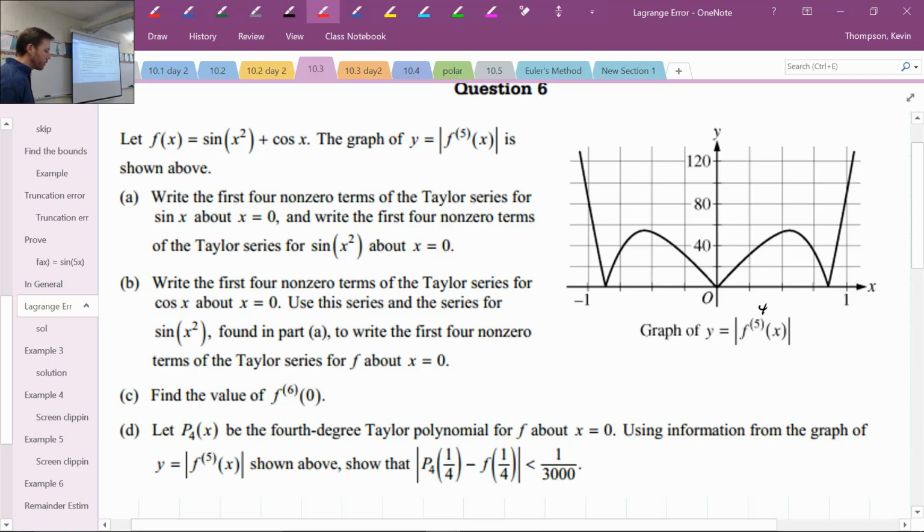Oh, wait, the graph. Talk about that. Yeah. Talk about that. You plug in 1 and subtract. That's the derivative.